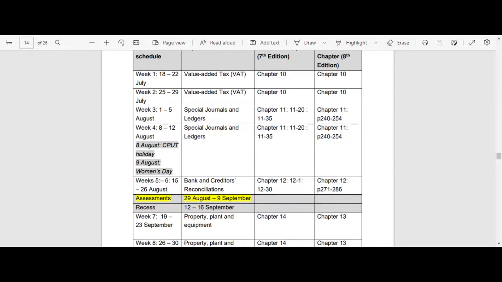Because you know at the end of the day, or at the end of the week, or at the end of the month when you post it, the total of all of those sales transactions will be credited to the one and same account, namely our sales account, right? And we also know that the debits, if it's credit sales, if this is our accounts receivable journal, all the debits will go to one and the same account, namely our accounts receivable or debtors account, right? So that is a typical example of a special journal.